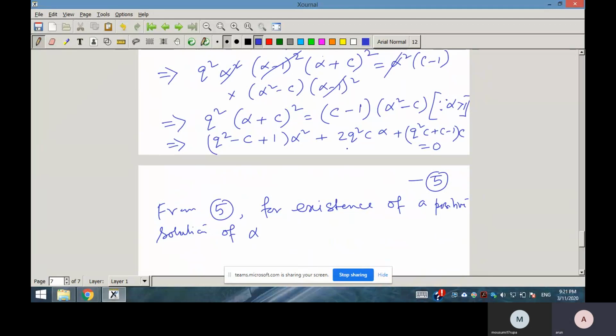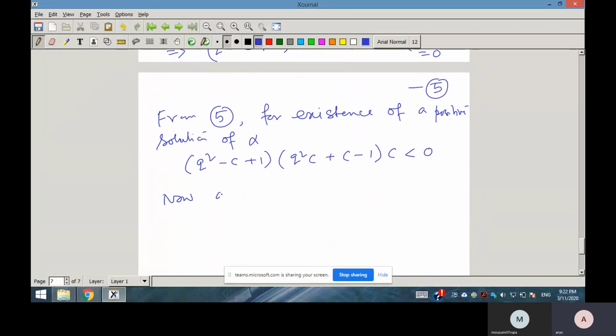B is positive here, so q square c is positive. If you apply that, then you can show that for existence of a solution of alpha, this should be satisfied: a into c should be less than 0. So that means q square minus c plus 1 into q square c plus c minus 1 into c should be less than 0.